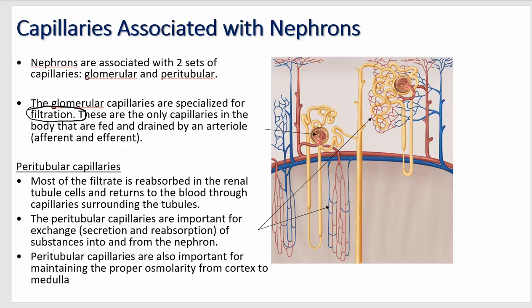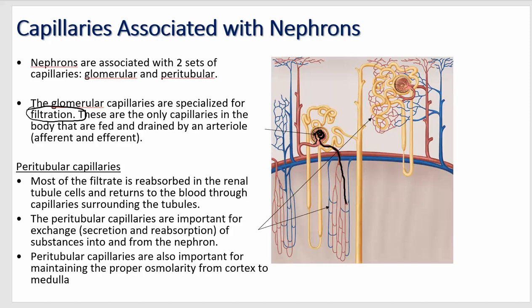But then we also have peritubular capillaries. As things move past the glomerulus, some of it is filtered, some of it continues, and this can be used to feed the cells of the kidney. All of these things are made up of cells, your whole tubules are made up of cells, and those cells need a blood supply, so we have to get nutrients in the kidney.